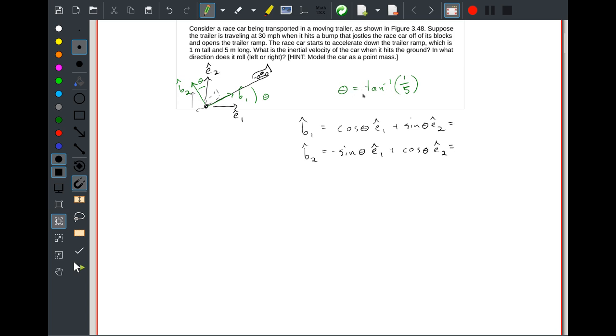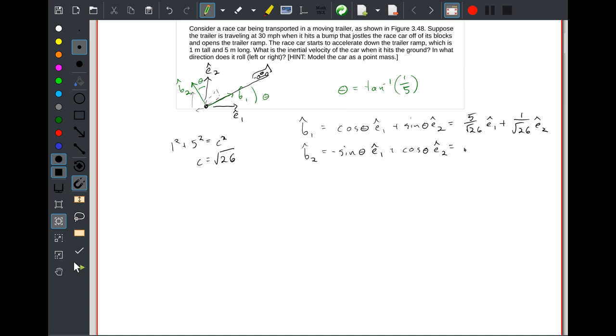This theta, because I'm using sine and cosine of it, really I can just write this as, if I have 1 squared plus 5 squared equals c squared, that means that c is root 26. So cosine theta is 5 over root 26 and sine theta is 1 over root 26.